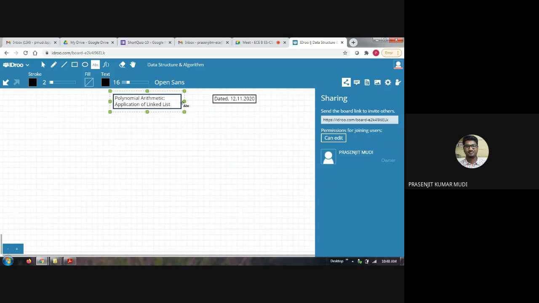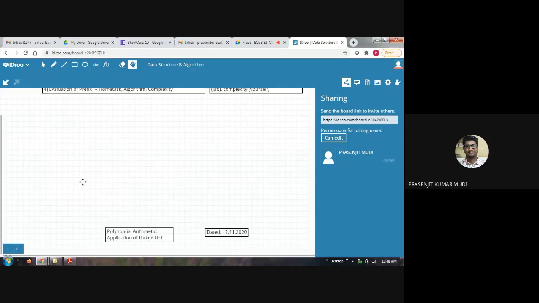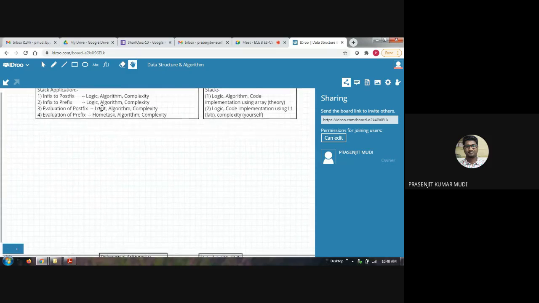Yes, we are skipping a few topics because it will take a lot of time to cover all the things: infix to postfix, algorithm, complexity, infix to prefix, algorithm, complexity, evaluation of postfix, algorithm, complexity, and evaluation of prefix, the entire thing. I think you have understood the logic and implemented the code.